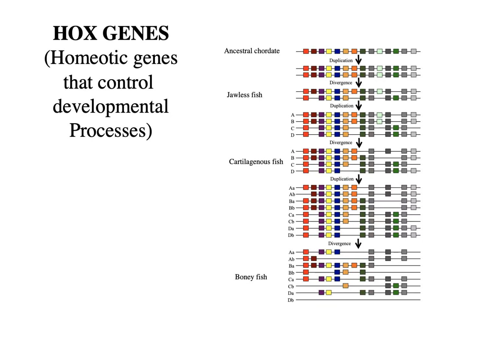So, for example, tracing down the Hox genes, the homeotic genes in animals, the ancestral chordate had one set of these Hox genes, 14 different members, going from that red one, which is number 1, to the gray one, which is number 14.